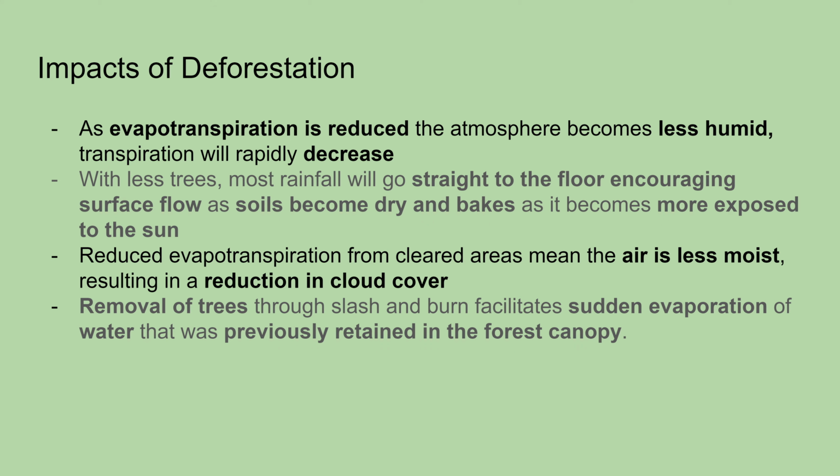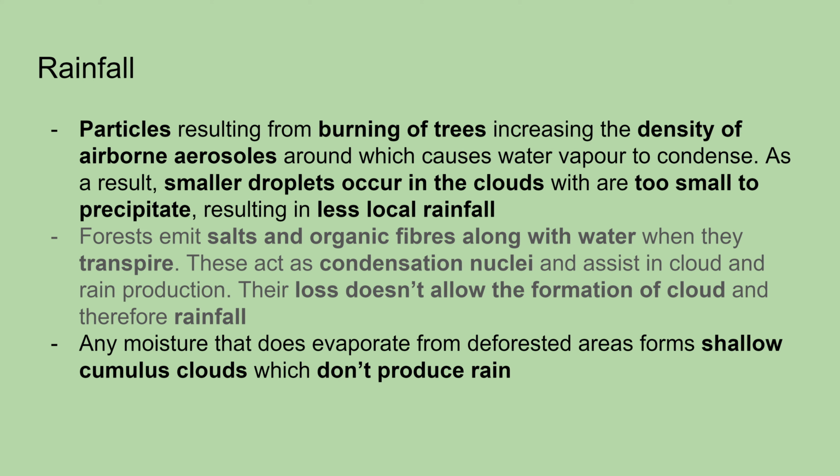So the removal of trees through slash and burn facilitates sudden evaporation of water that was previously retained in the forest canopy. In terms of rainfall, particles resulting from the burning of trees increase the density of airborne aerosols around which water vapor condenses. As a result, smaller droplets occur in the clouds, which are too small to precipitate, resulting in less local rainfall.